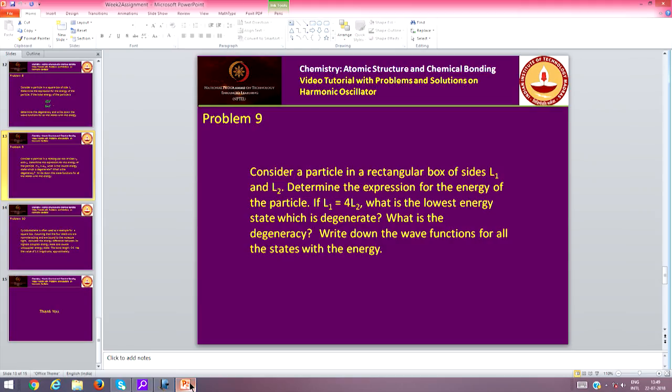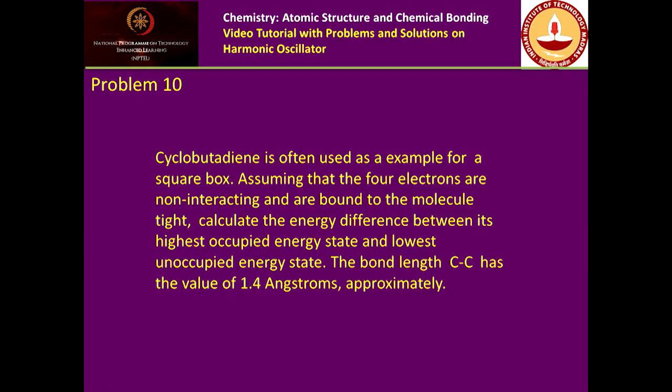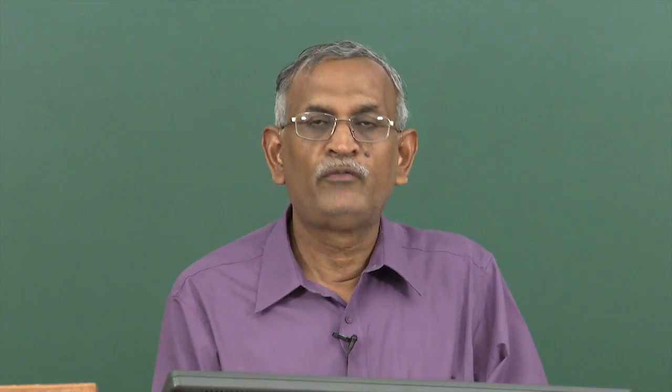The last problem that we have for this video tutorial is the model similar to the particle in a one dimensional box for the linear chain. Now, we have a square box, and the square box is ideally modeled with cyclobutadiene as an example.